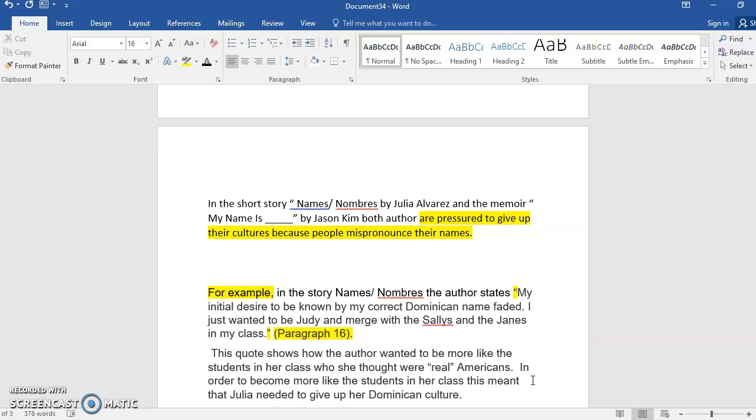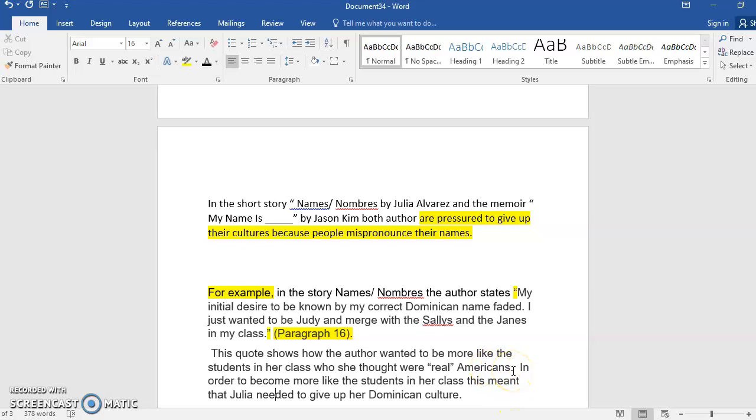In order to become more like the students in her class, this meant that Julia needed to give up her Dominican culture. Okay, so by becoming Judy, I could even add, she gave up her name Julia, which was a part of her Dominican culture, to be more like the other people in her class. Okay, so this is a good example of what your commentary should look like.